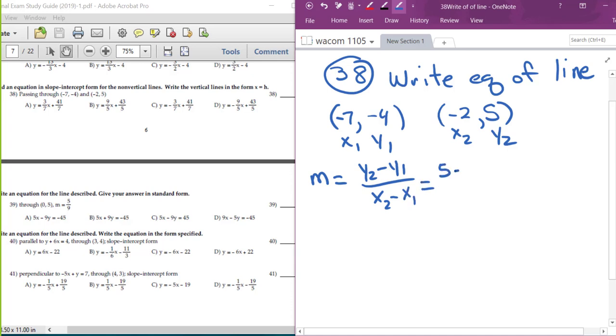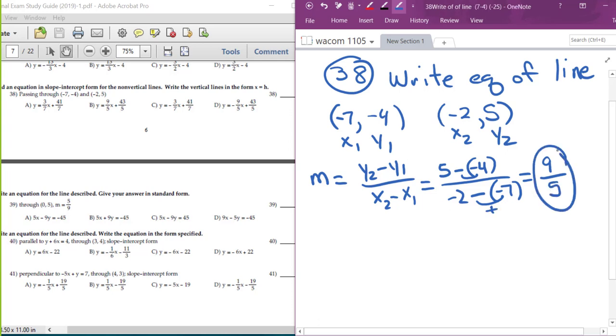So 5 minus, be careful with your signs here, a -4, and -2 minus a -7. Go in the same order. If you do y2 first, you have to do x2 first. So this will make 9 over, this makes plus 7 minus 2 is 5. So our slope is 9/5.